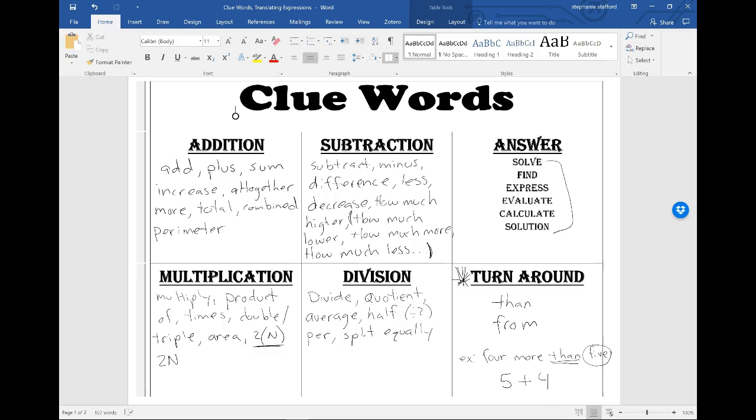Just like if you saw, I'll erase this, just like if you saw 4 less than 5, well again, less tells me to subtract, 5 has to come first, 4 has to come second, and the order here matters. If I do 5 minus 4, which is correct, I get 1. But if I do 4 minus 5, I get a negative 1, and those are very different. One is a positive money amount, the other one is a negative or a debt. So we have to make sure we're looking for these clue words.